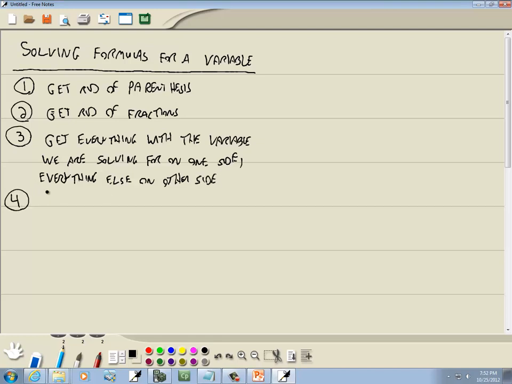Step 4. If the variable we are solving for is in two or more terms, factor it out.